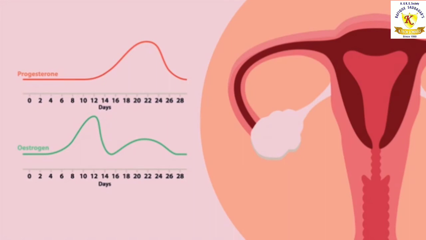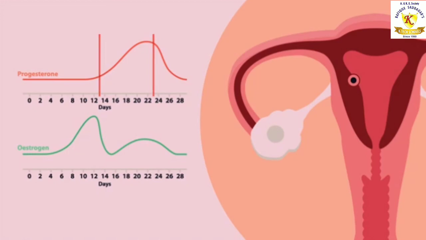Progesterone is produced by the empty follicle in the ovary. See how it is produced when the egg is being released and then drops off if the egg does not implant in the uterus or if the egg is unfertilized.